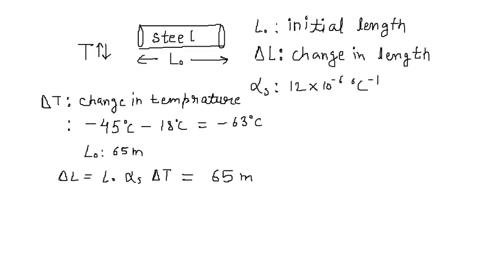L naught will be 65 meters, and we know that the coefficient of linear thermal expansion will be 12 into 10 raised to the power minus 6 per degree Celsius, and the temperature difference is minus 63 degree Celsius.